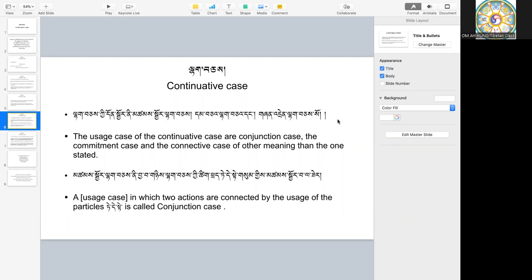And even when you are speaking, if many of you are able to speak Tibetan, if you're speaking with other people, try listening to what they're saying, and try to analyze which type of grammatical particle they're using in their conversation, in their speech.